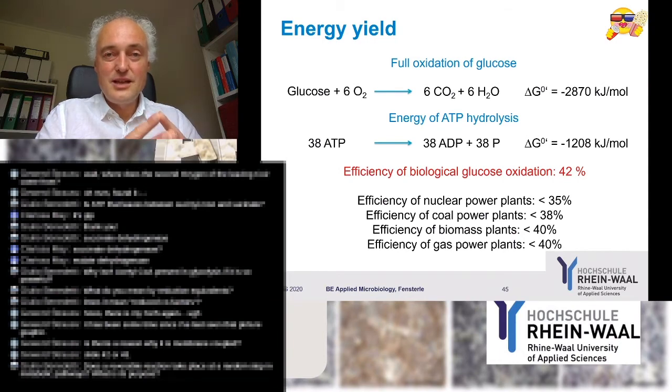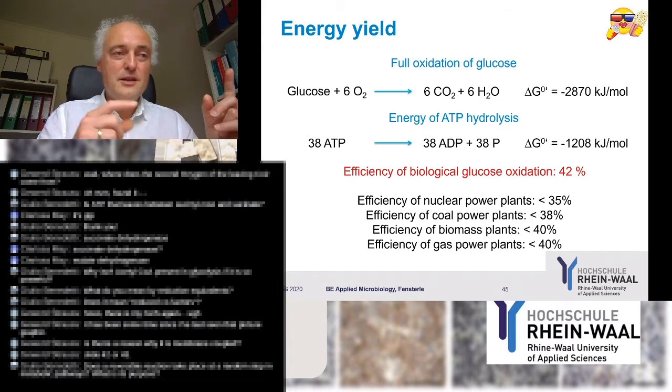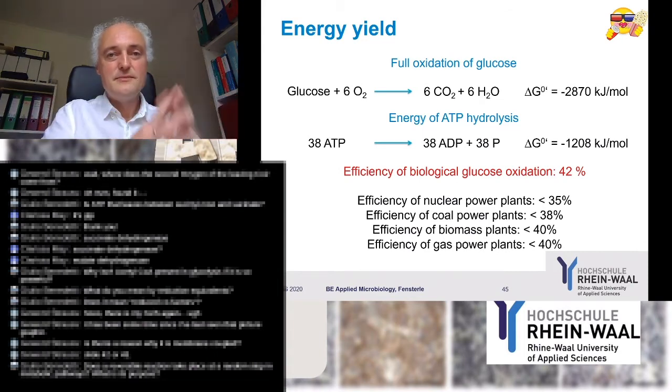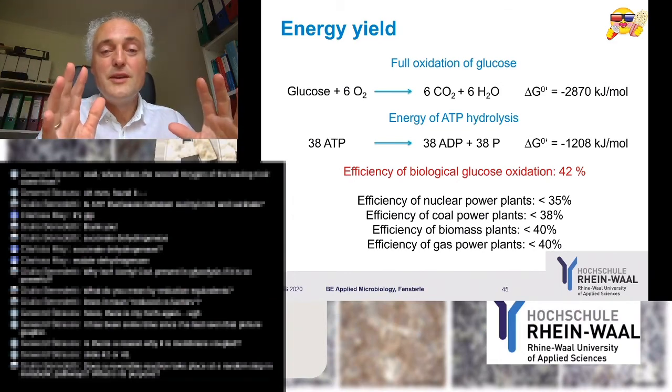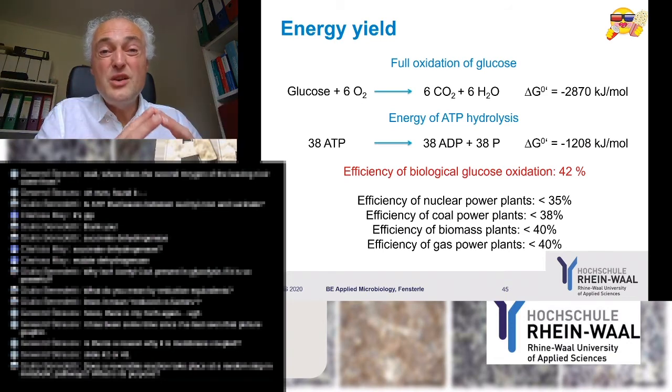An external electron acceptor is, for example, oxygen. If we have oxygen, we can oxidize NADH. Everything is cool. However, if we have no oxygen, or another external electron acceptor like nitrate or whatsoever, then we need to get rid of this NADH. So this is then our problem.